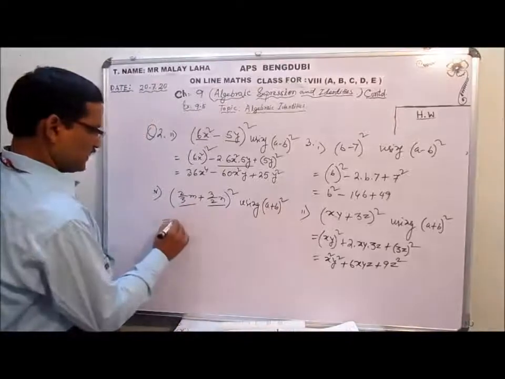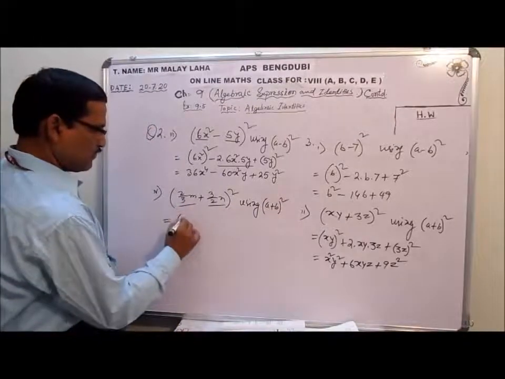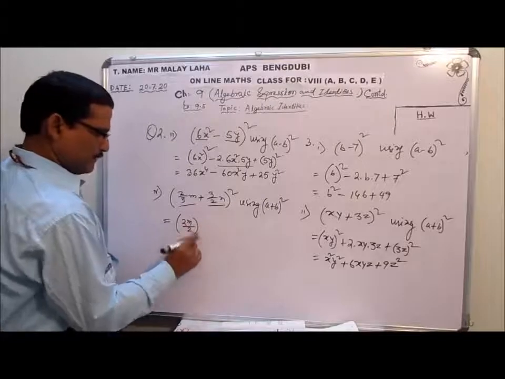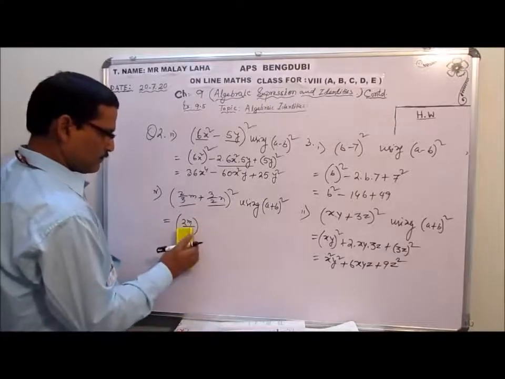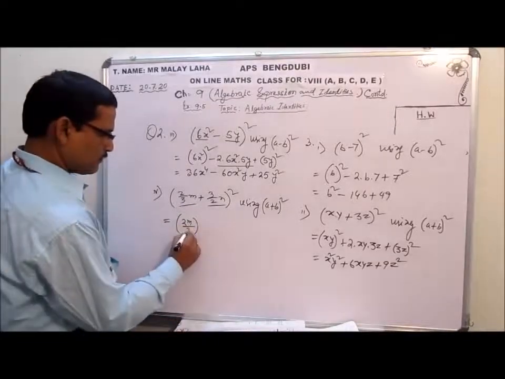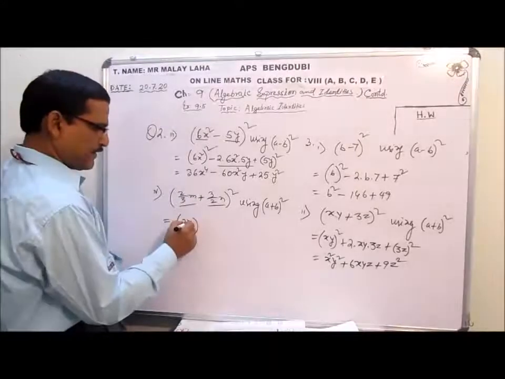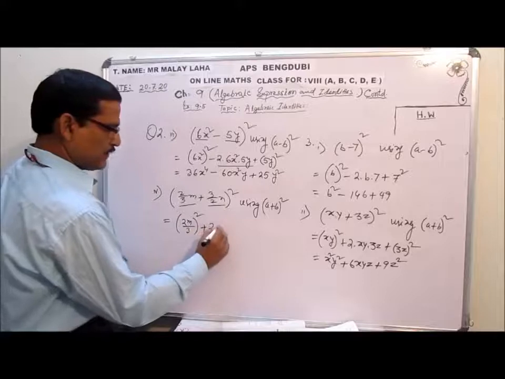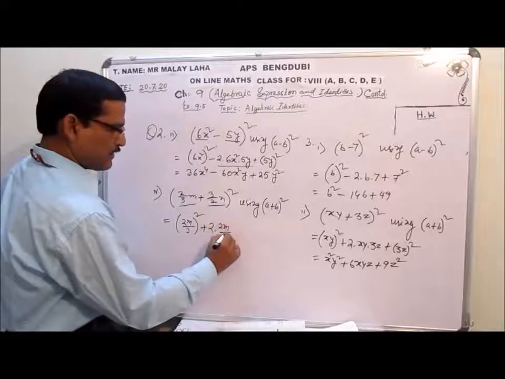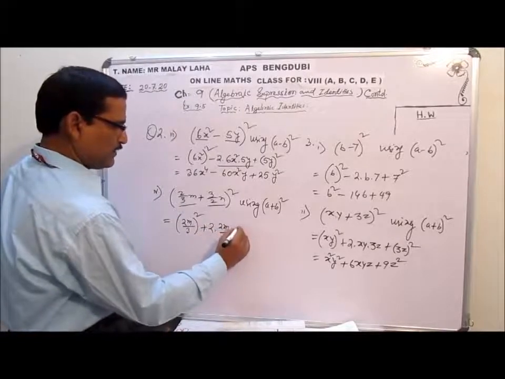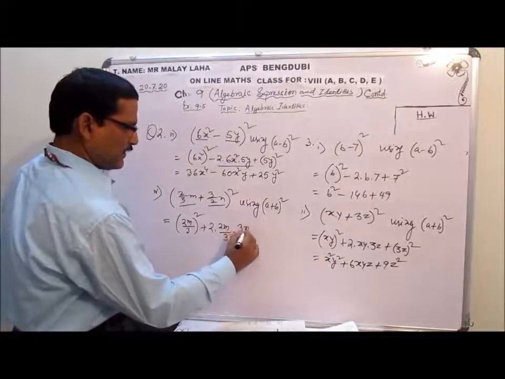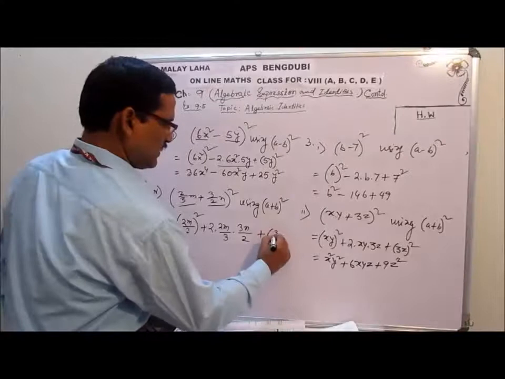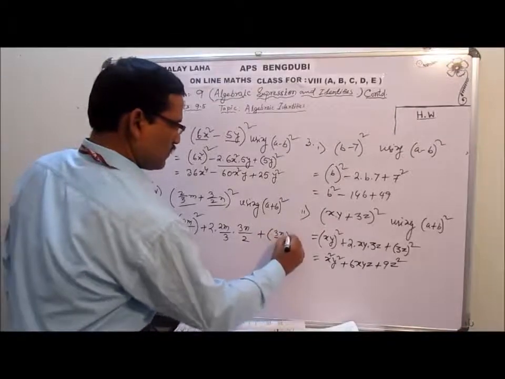So the A square means you can write (2m by 3) whole square, no problem. After multiplying, getting (2m by 3) whole square plus twice A B, that is 2m by 3 into 3n by 2, plus B square means (3n by 2) whole square.